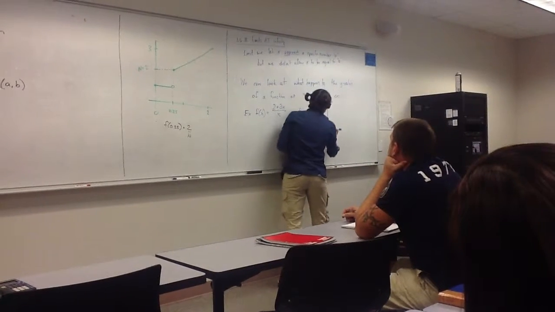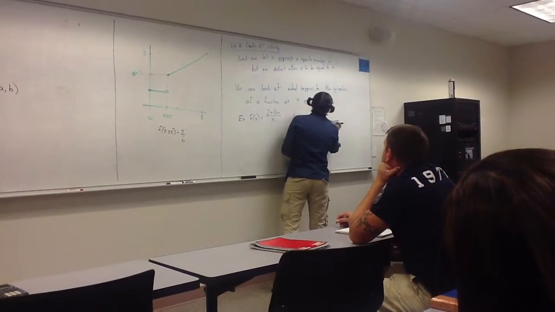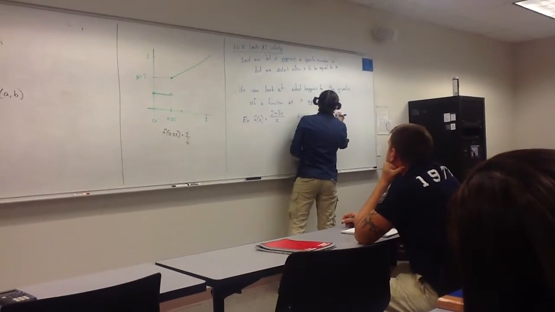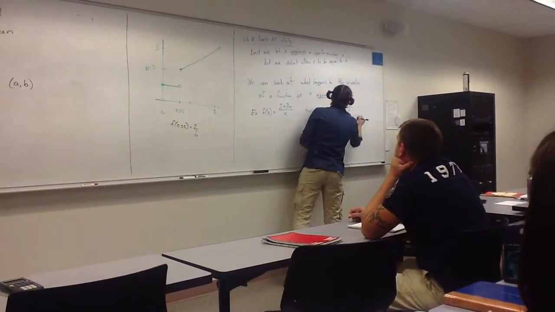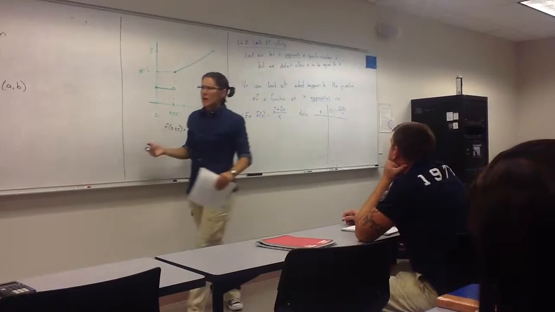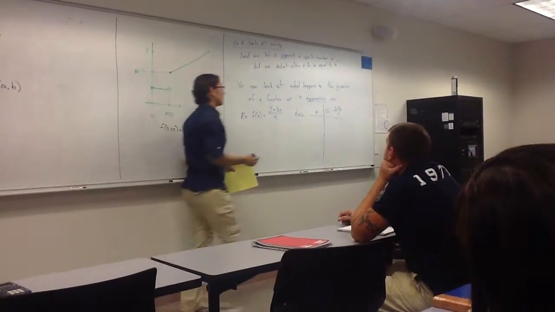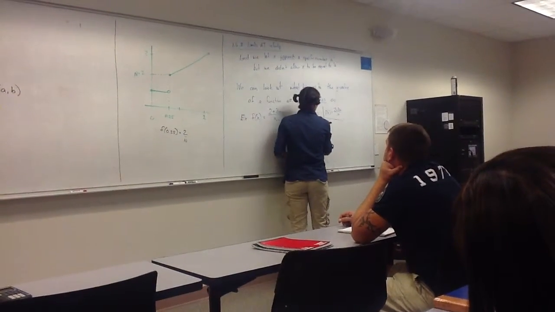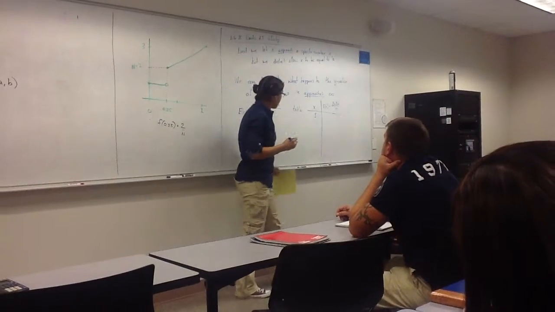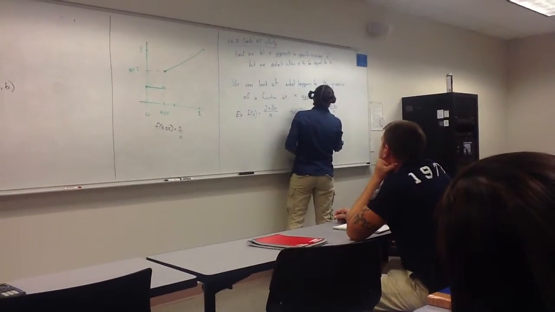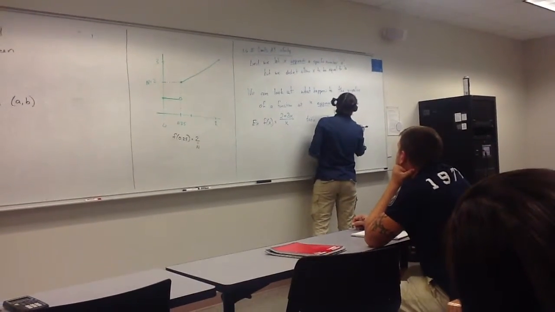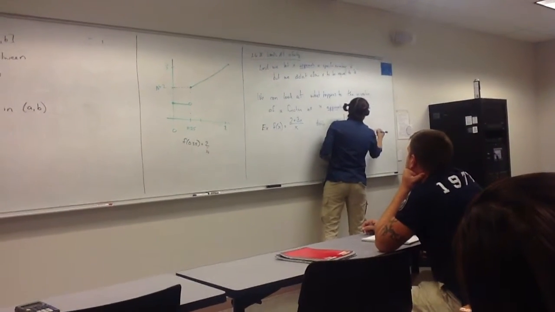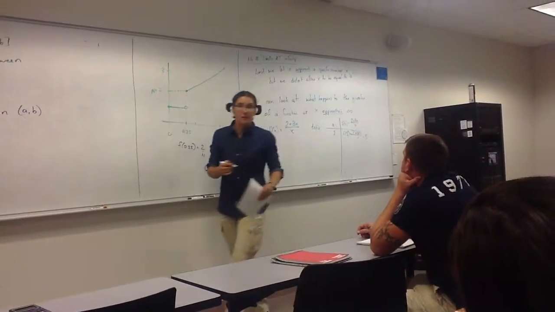Maybe I'll start out with just a regular old number, maybe x is equal to 1. When x is equal to 1, f of 1 is equal to 2 plus 3 times 1 over 1. And so the y value of our function is equal to 5.